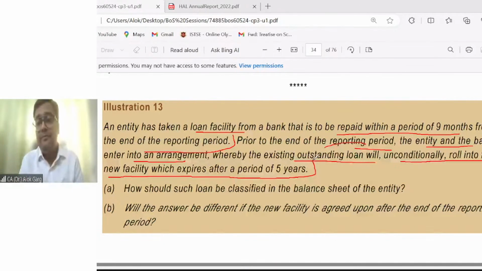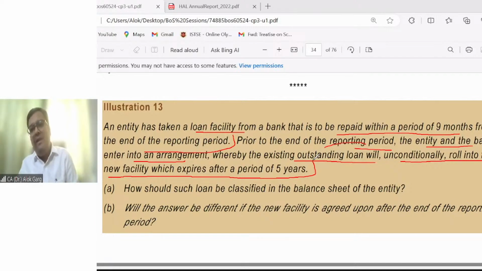Friends, so on the reporting date, the loan was to be repaid within 9 months, right? But before this reporting date, the company and the bank have agreed that this loan has to be rolled forward into the next 5-year term unconditionally. There is no condition, unconditional.